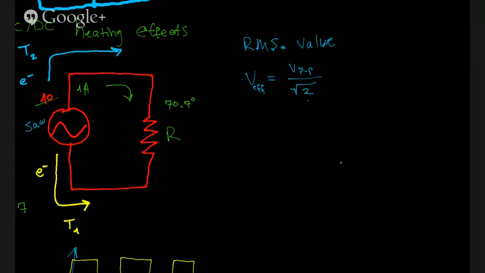I think that should be right. Square root 2. Let's have a look. Sine wave. A over square root 2. Yep.